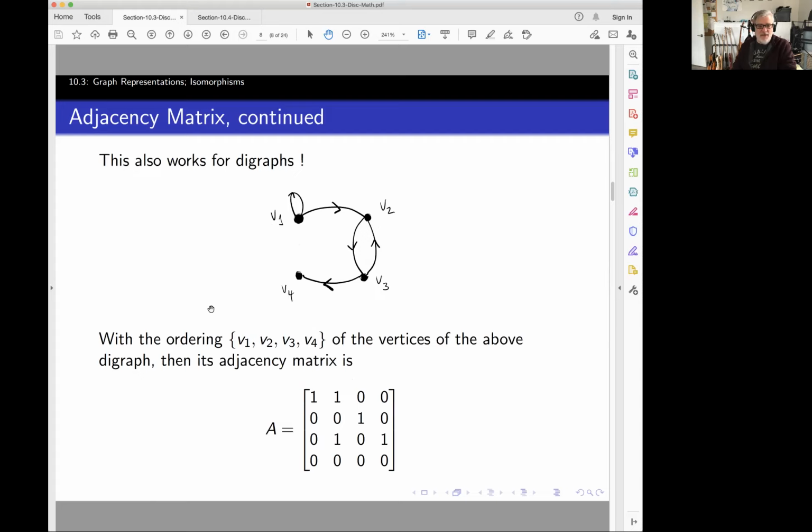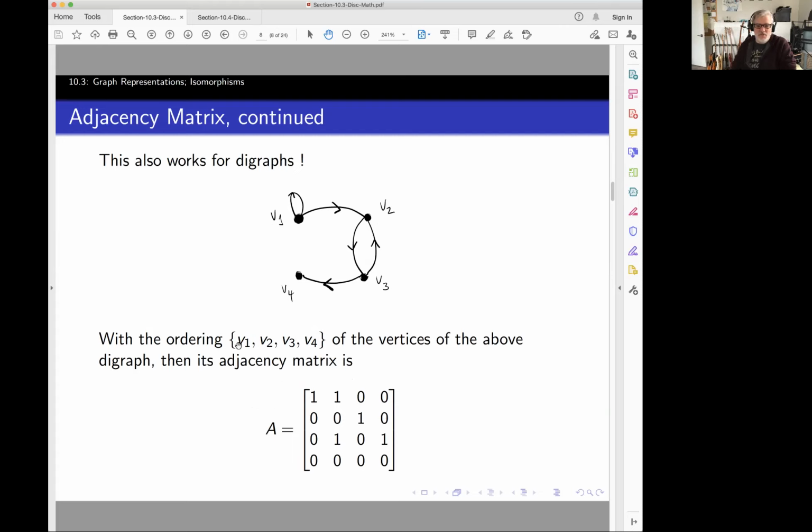Digraphs. Okay, so we can create the same kind of matrix for a digraph where you're going to put a 1 if there's an arc from Vi to Vj. Now, as the discussion in the chat has been illustrating, the matrix you're going to get is not going to be symmetric in that case because arcs don't go both ways necessarily.